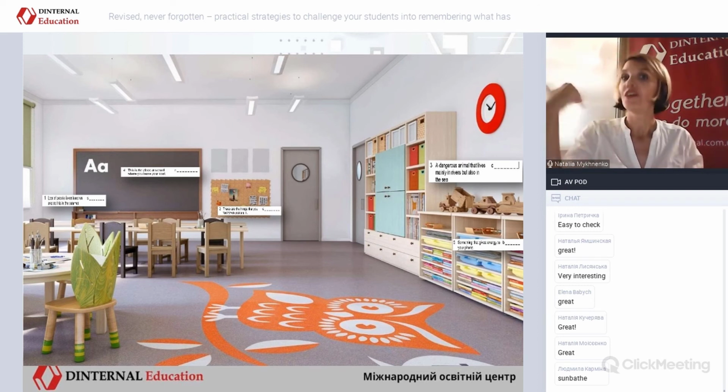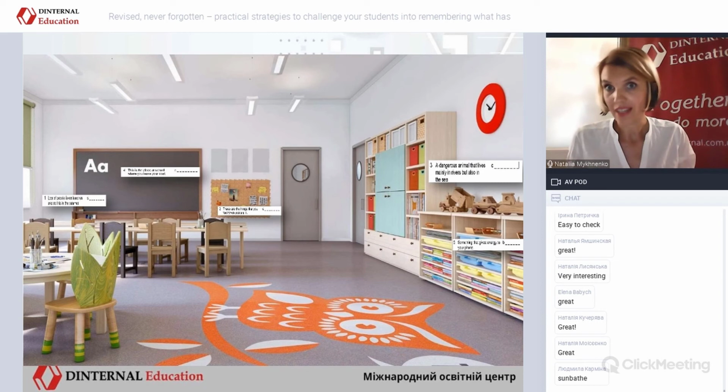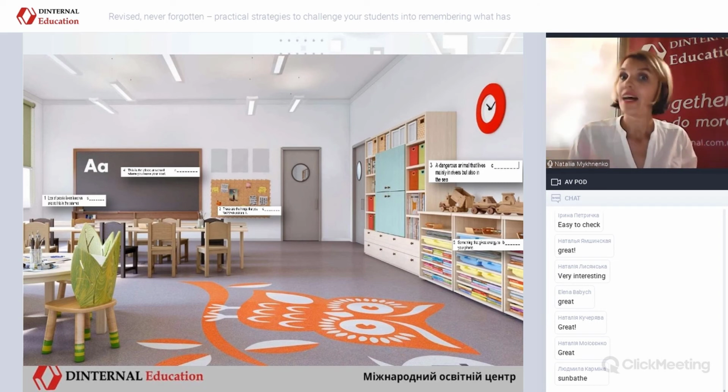So you walk, you read the definition, and put down your word, which you believe matches that definition. When you are ready, get back to your desks, compare your answers with your partners. If you have different ideas, decide who is right and who is wrong. If necessary, go there once again and double check it together with your partner.